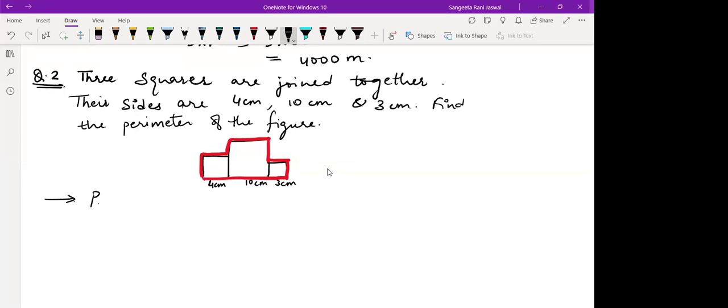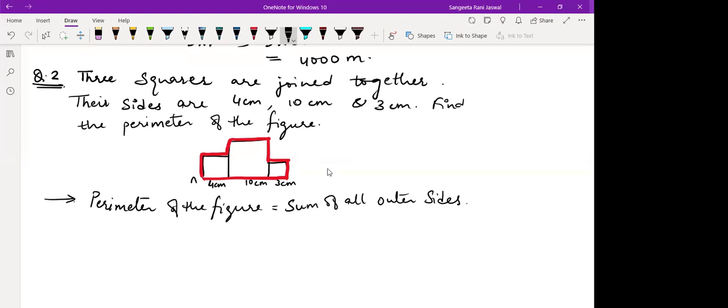Quickly give the answer. Trilokya, what is the answer?